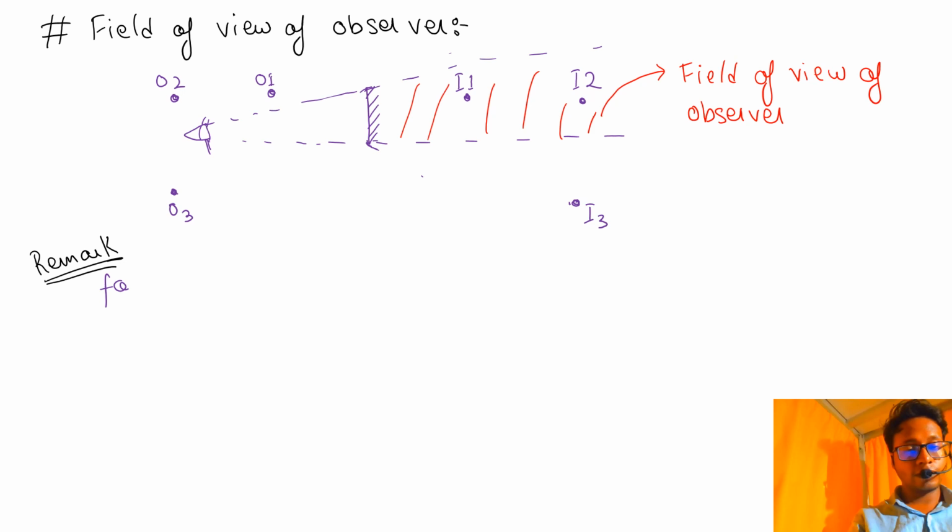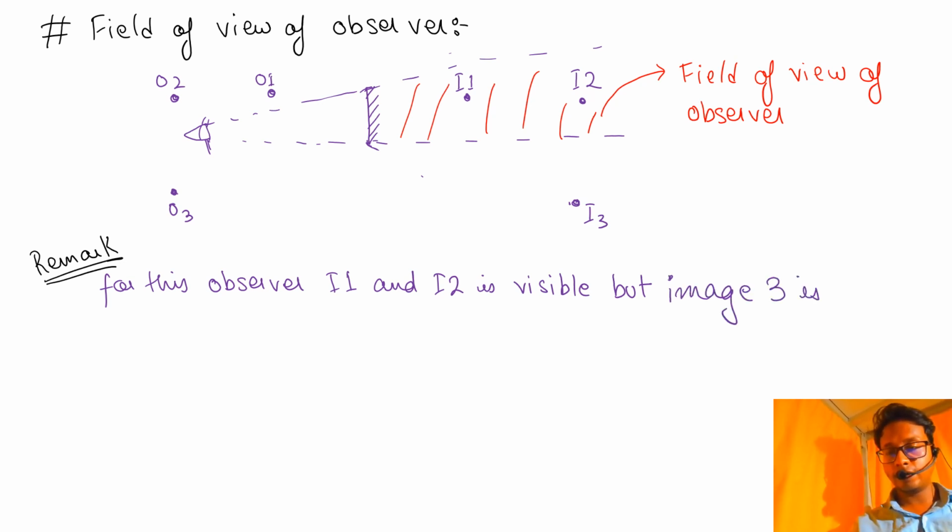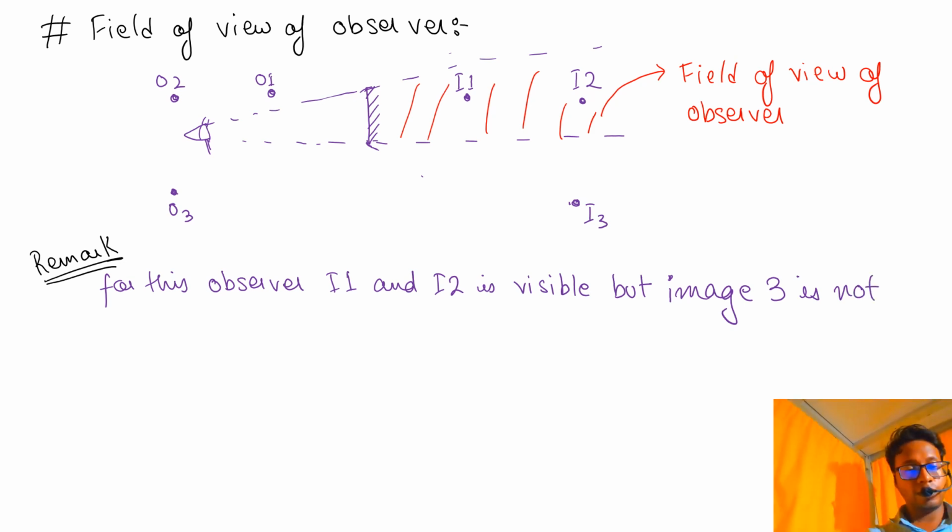For this observer, image 1 and image 2 are visible, but image 3 is not visible to this observer.